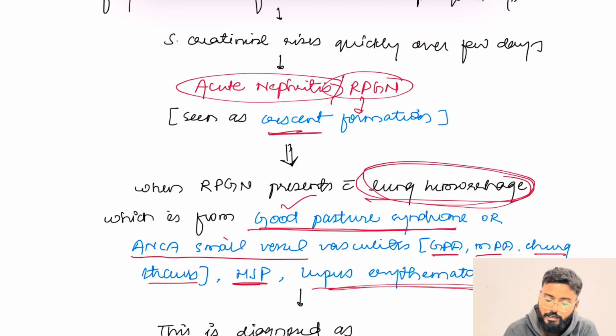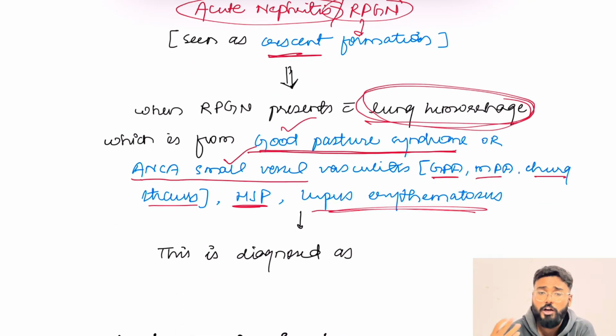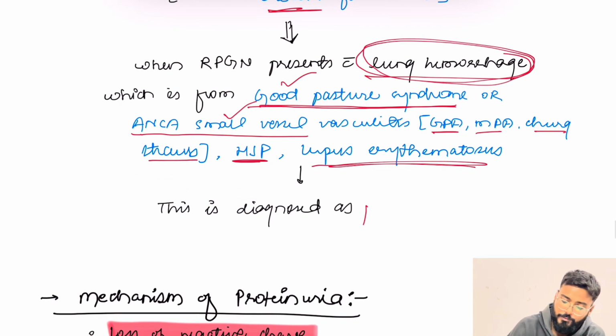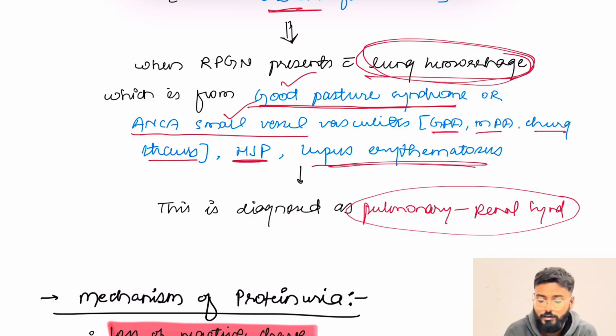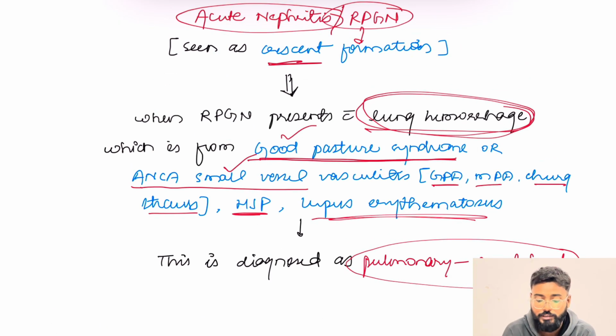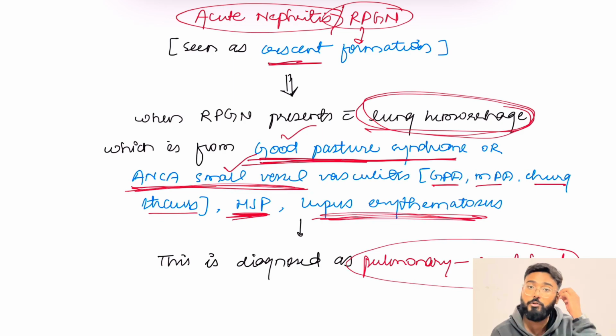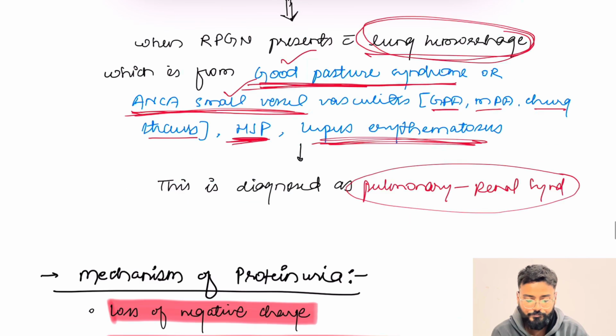So these are conditions that are going to cause lung hemorrhage along with an RPGN-like picture, which is known as pulmonary renal syndrome. So in pulmonary renal syndrome, we are going to see these pathologies: Goodpasture, ANCA small vessel vasculitis, Henoch-Schonlein purpura, and lupus erythematosus. You need to remember this.